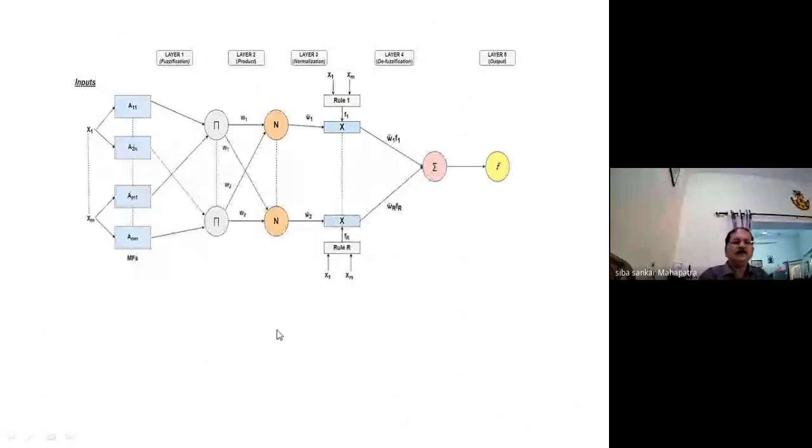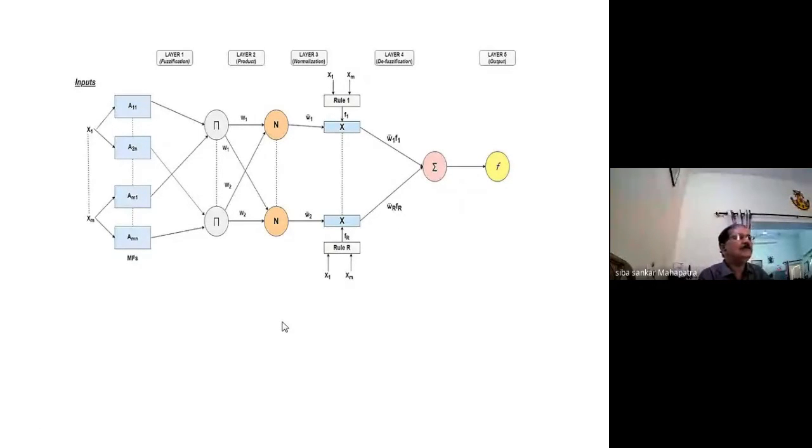Then here is a model called ANFIS, Adaptive Neuro Fuzzy Inference System, which takes into account the neural network as well as the fuzzy inference system.